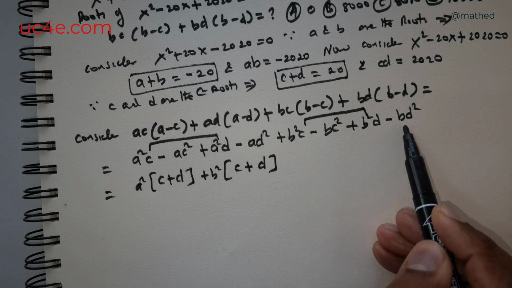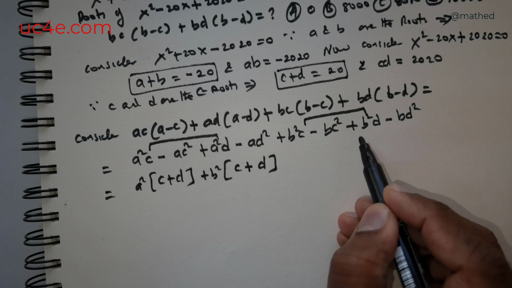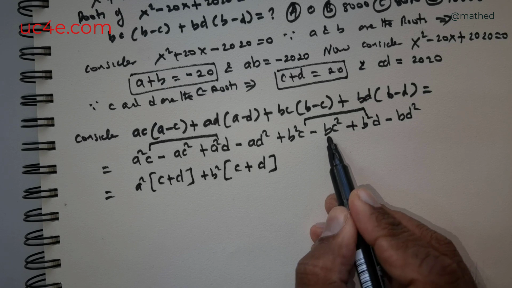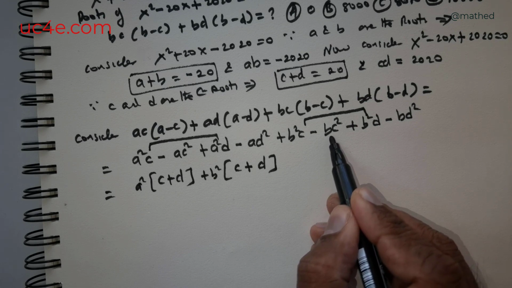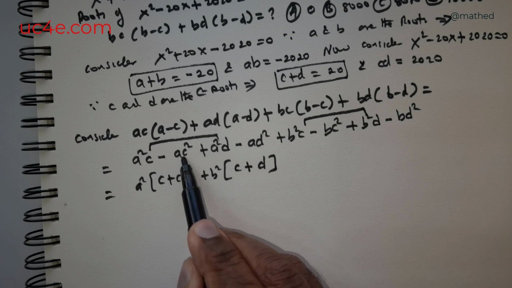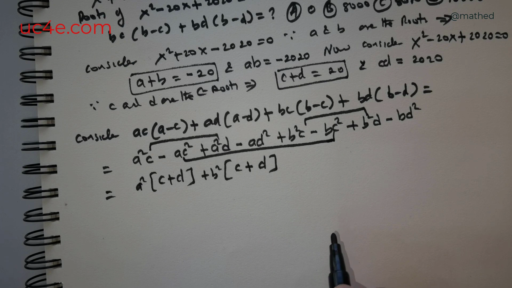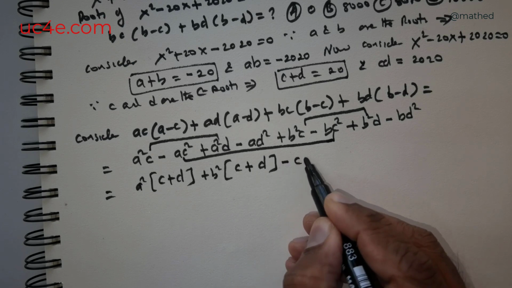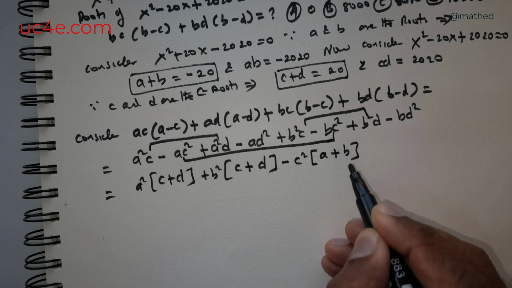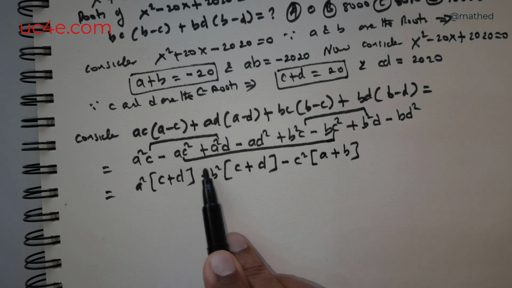I have a BC squared and an AC squared, I can club these two together, so I take a negative sign out, I take a C squared out, so I would get (A + B). Fair enough. So that's done.